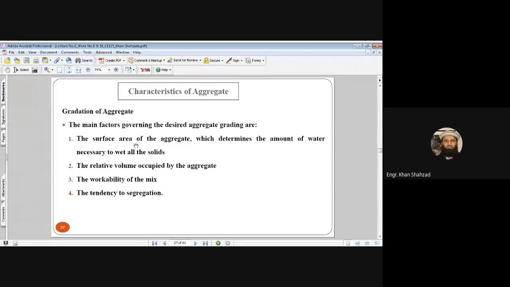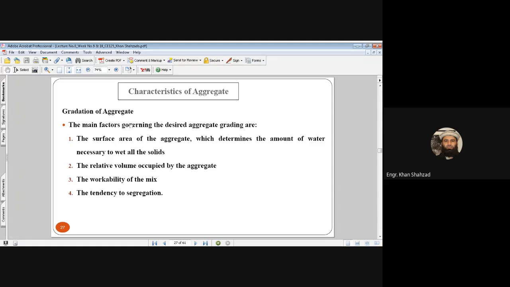And if we are using large size particles, the maximum possible size aggregates, then we will need less water to wet the surface of these aggregates. The other factors are the relative volume occupied by the aggregates, the workability of the mix, and the tendency to segregation. So these are the main factors governing the desired aggregate grading.